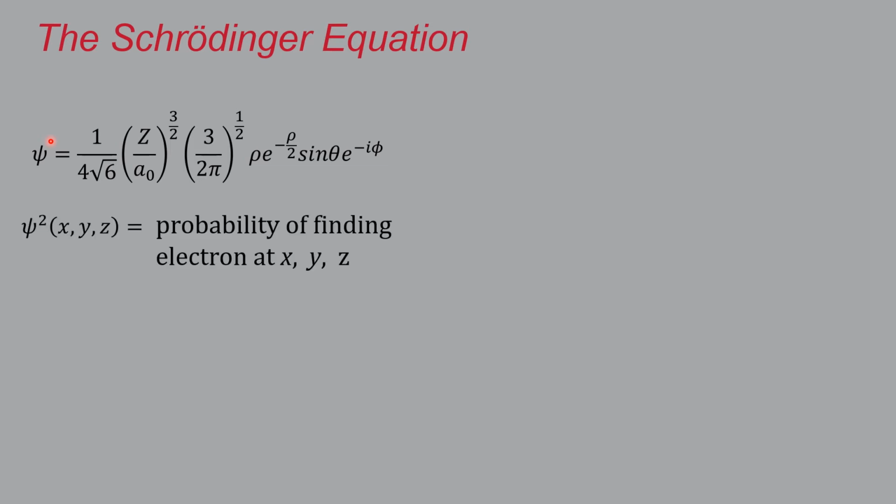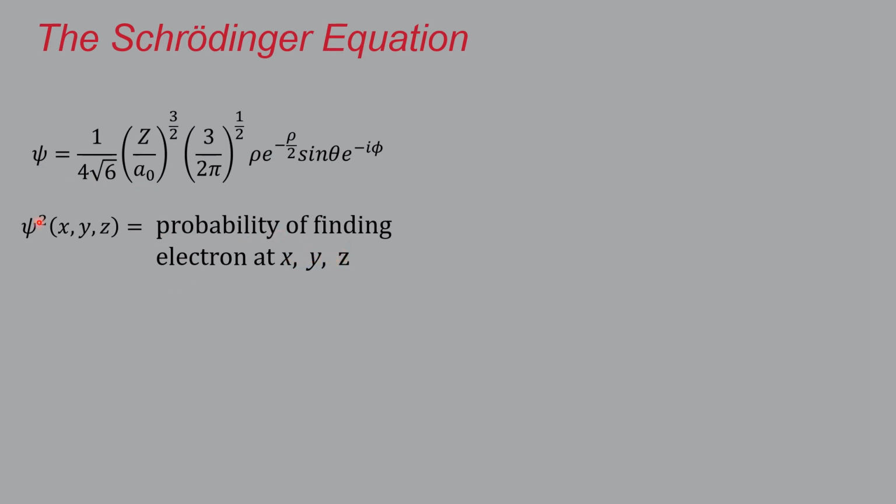All you need to do for that is plug in x, y, z coordinates in space and square it. That result, the wave function squared, will tell you the probability of finding that type of electron at a position in space given by those x, y, z coordinates.